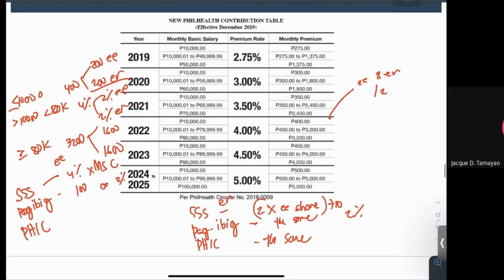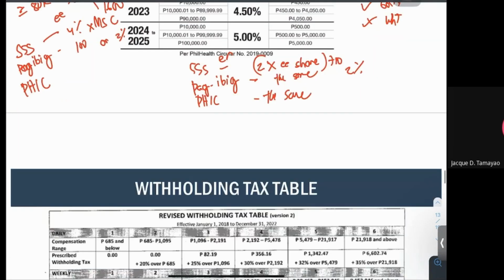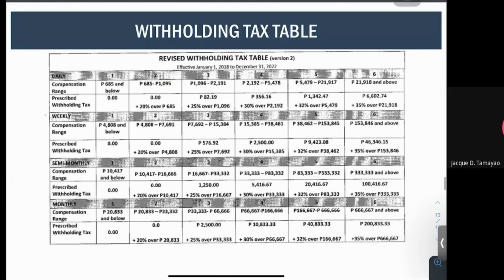Okay, so we're done with two items already, premium pay and your government mandated contributions. We proceed now to withholding tax. So how do we compute for your withholding tax? To compute for your withholding tax, we follow a withholding tax table.